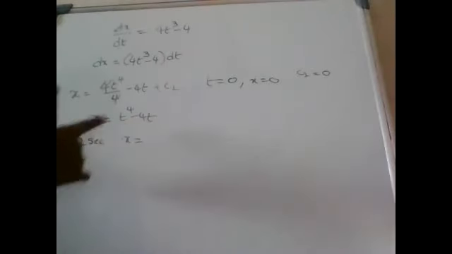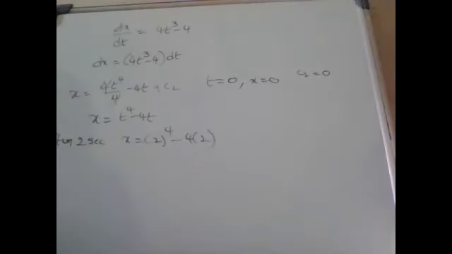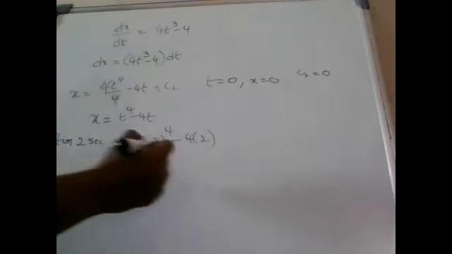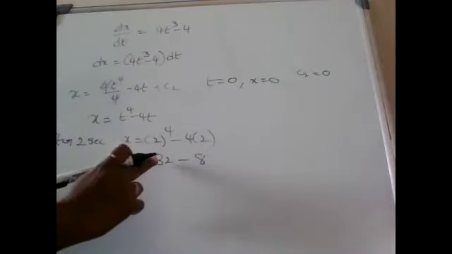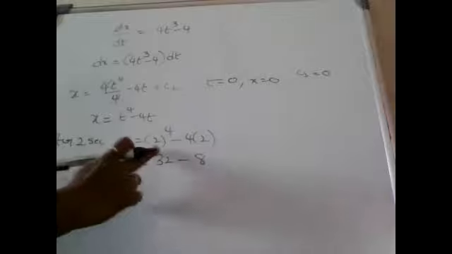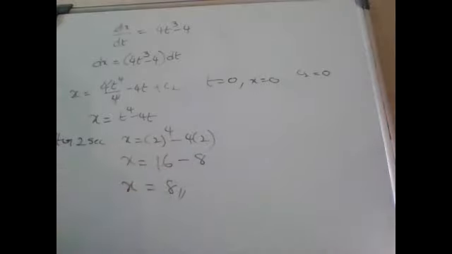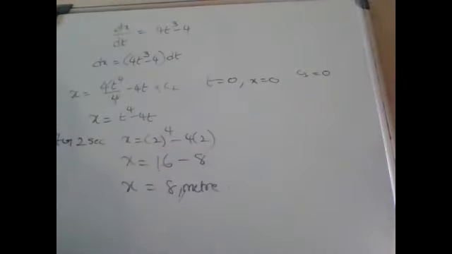x equal to t power 4, means 2 power 4, minus 4 into 2. So x equal to 16 minus 8. We get x equal to 8 meter. x is the distance. And we have to find the velocity also.